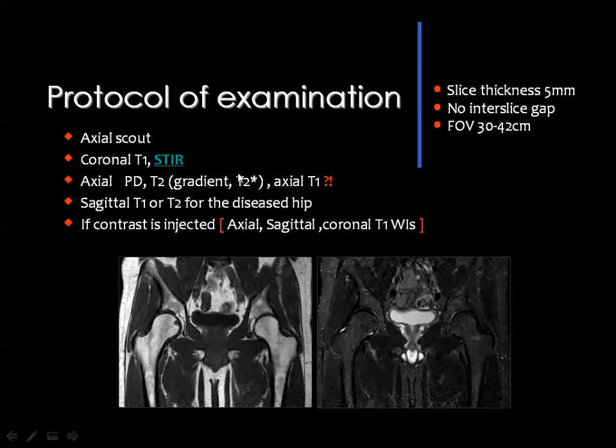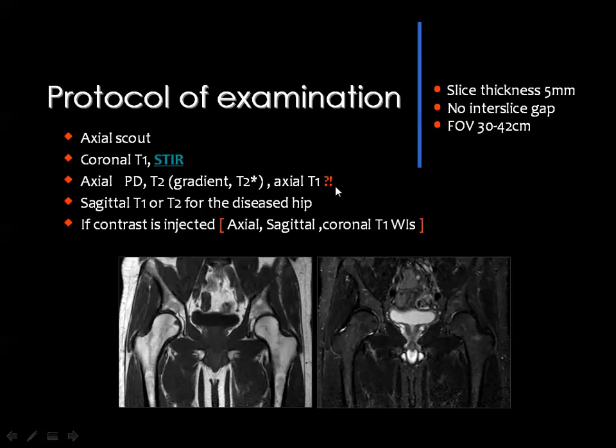We should have two coronal sequences, the T1 and the STIR images. This is T1 and this is the STIR image. Then we may have two axial sequences, the proton density or the T2 or the T2 star. And sometimes one may have an axial T1.